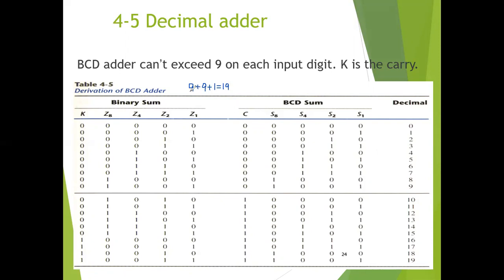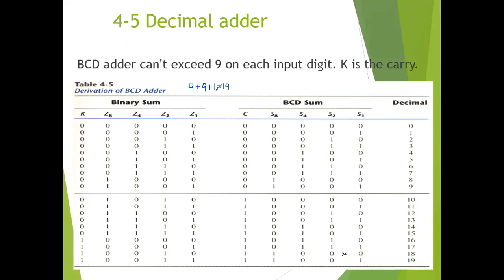As the two digits are added, the maximum value can be 9 plus 9, which is 18, and one previous carry which is added. So the output cannot exceed the value of 19 in the sum, as 1 is the input carry.